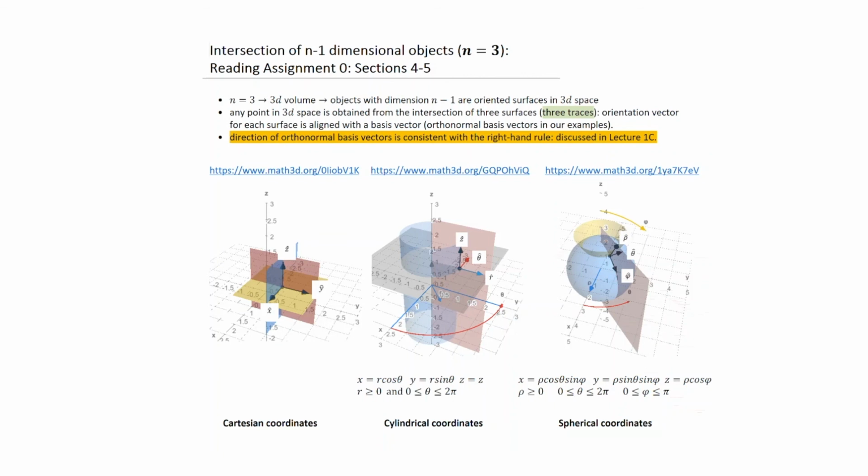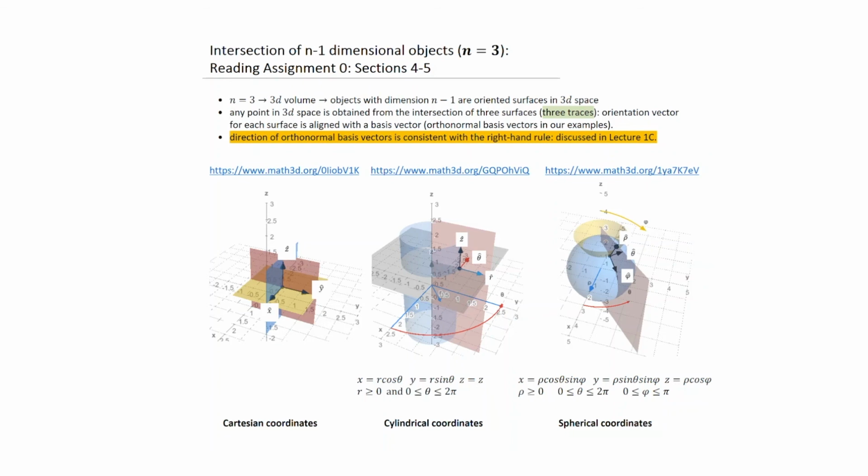The unit vectors, the orthonormal basis vectors, will be perpendicular to the surfaces at the point where the three surfaces intersect. So you can see the phi-hat vector, the theta-hat vector, and the rho-hat vector. Clearly, if you increase the radius, move the half plane, or change the angle of inclination of the cone, the intersection point will move.